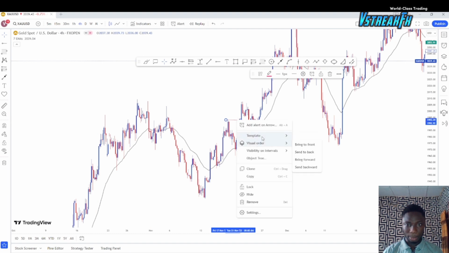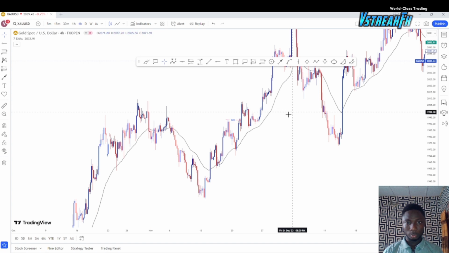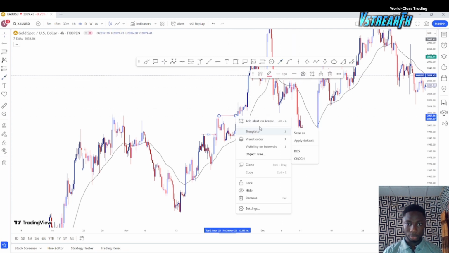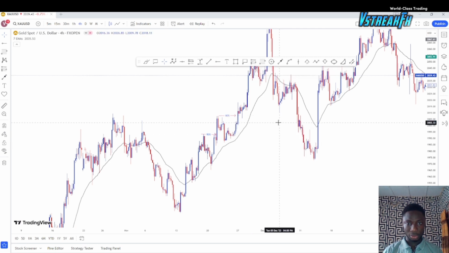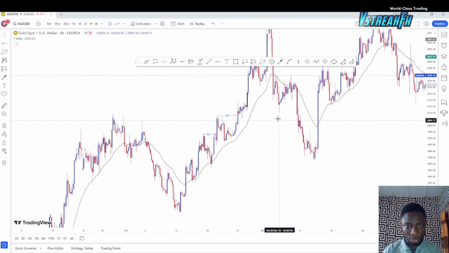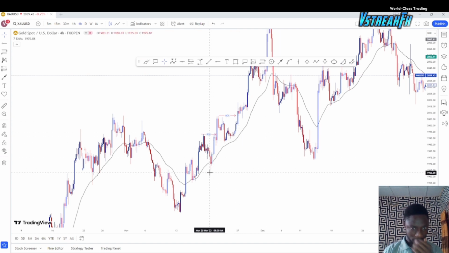I think I have a template for my break of structure here. Yes, let us make use of this too. So the very best thing to do is to identify the previous one.